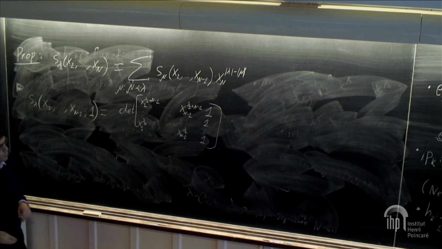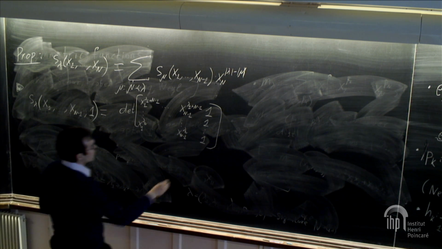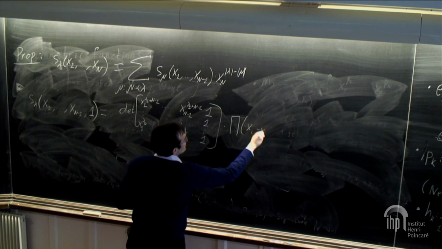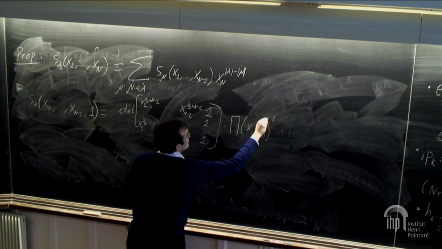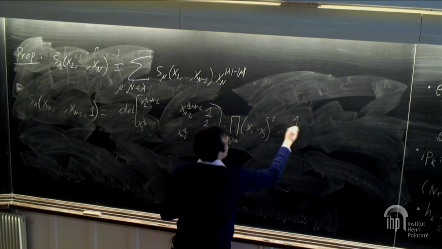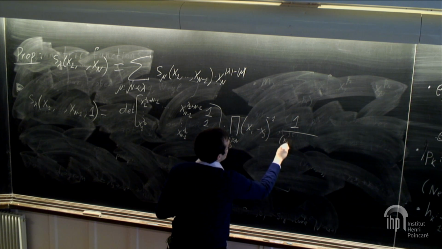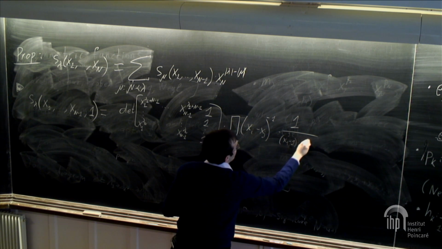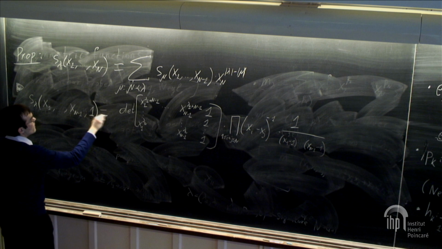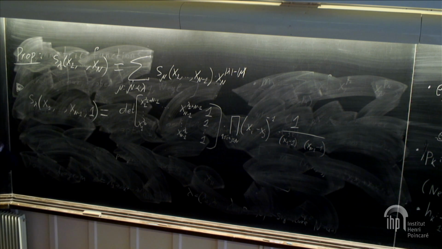So this is the first determinant, and second I have the product of (xi minus xj) to the power minus 1, and I also have 1 over (x1 minus 1) ... (x_(n-1) minus 1). I just applied the definition and put 1 instead of the last variable.